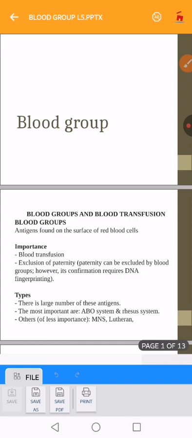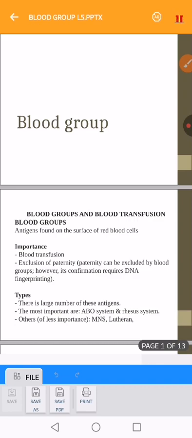As we mentioned in the lecture on RBCs, we have some antigen on the surface of the RBCs. And we said the importance of that antigen for blood grouping and transfusion. Okay, so just imagine it.